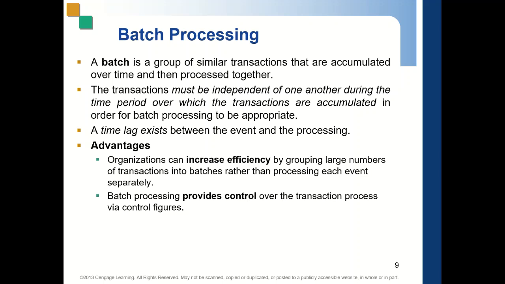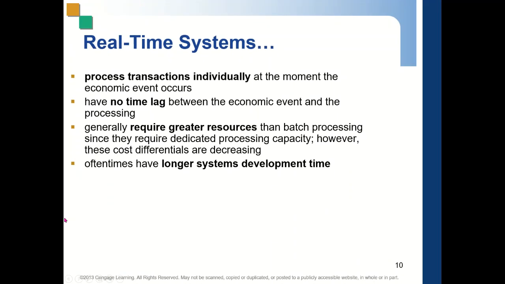So that is something that you would need to keep in mind. So yes, in batch processing, there's a time lag between the actual event and the time that we process the data pertaining to that event.